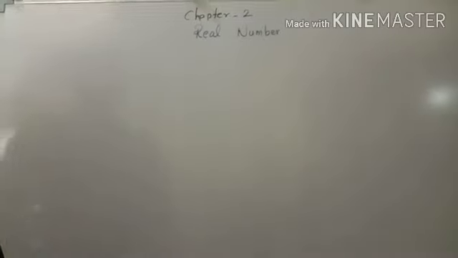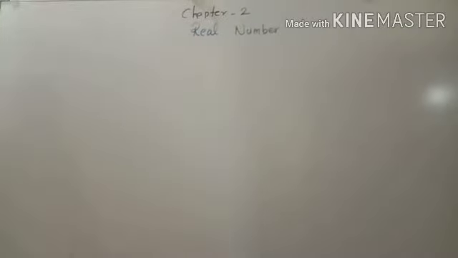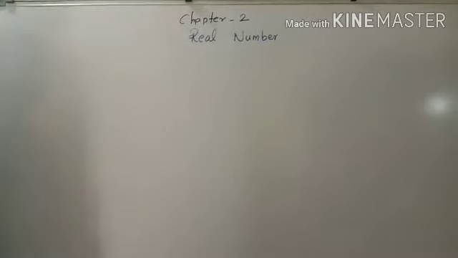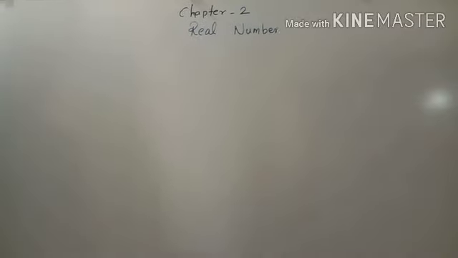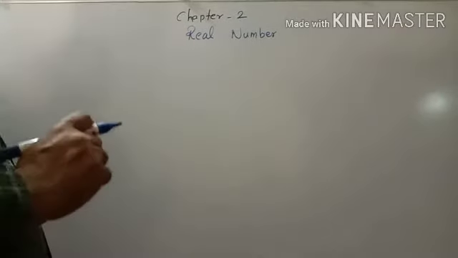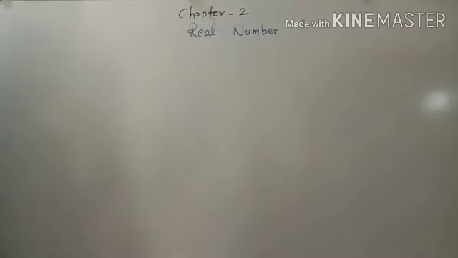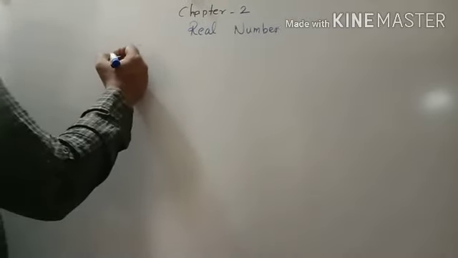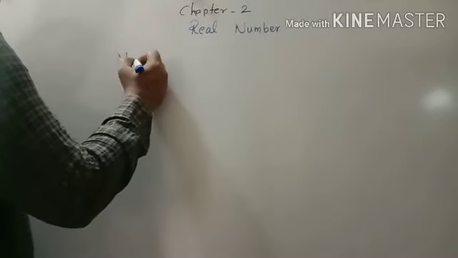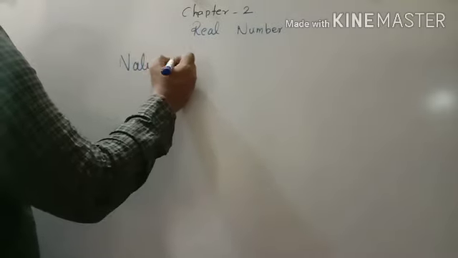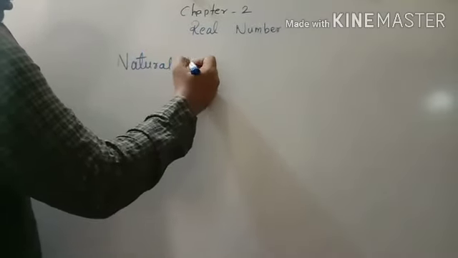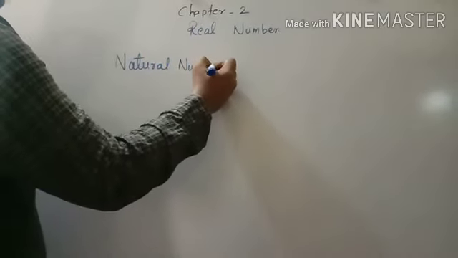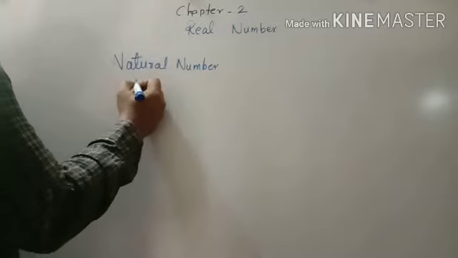Yes, students. Now we are going to start chapter number 2, that is real numbers. Before we start solving the exercise, I want to show something about the number system. What is that? First one is natural number. Second one is whole number.